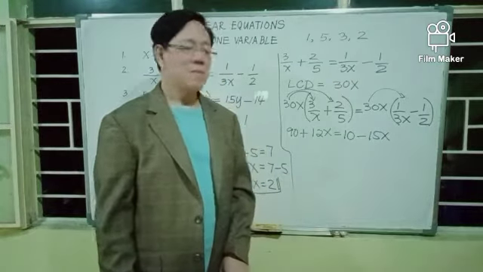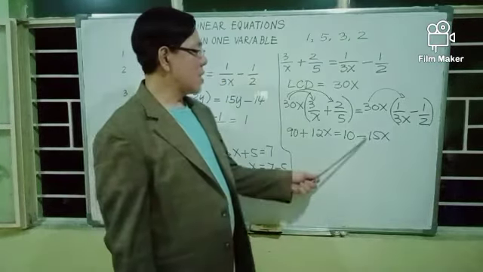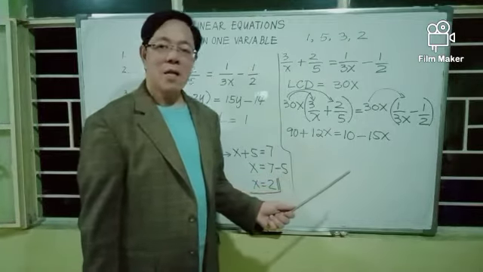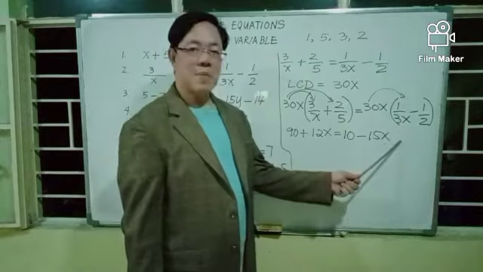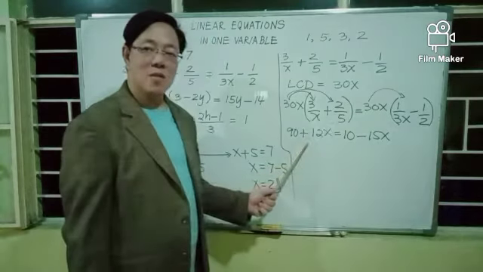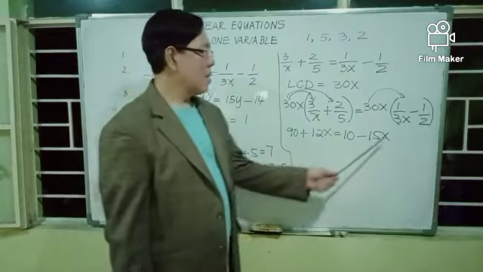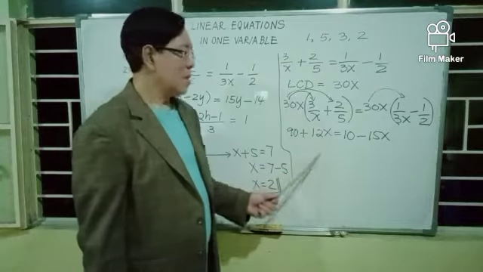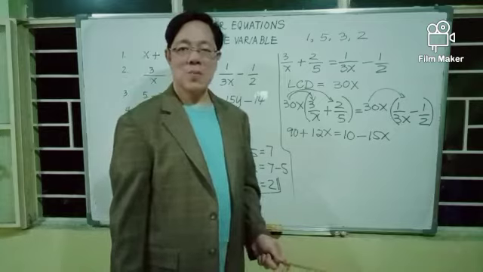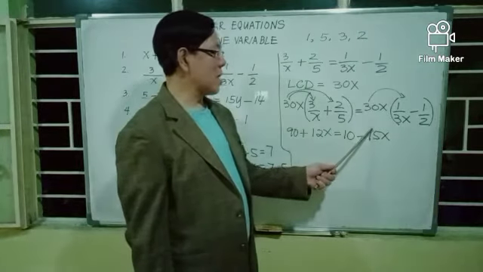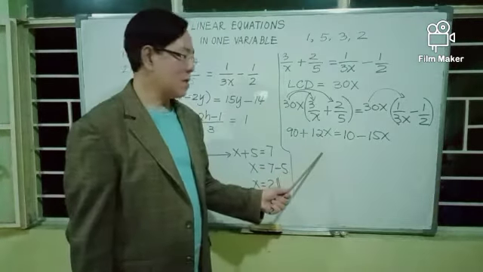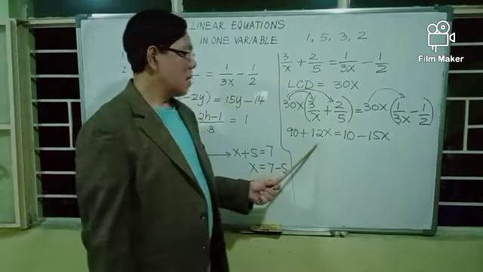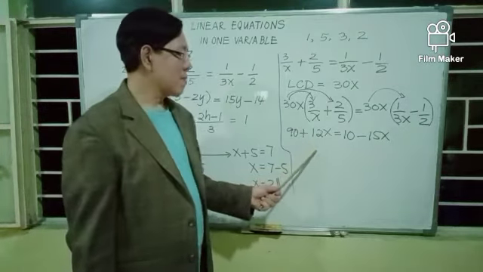Now to bring negative 15x to the left-hand side, either you add 15x to both sides of the equation, plus 15x here, plus 15x here, or you make use of transposition, you transpose negative 15x to the left side, and you take the opposite sign of negative 15x, and it becomes plus 15x.